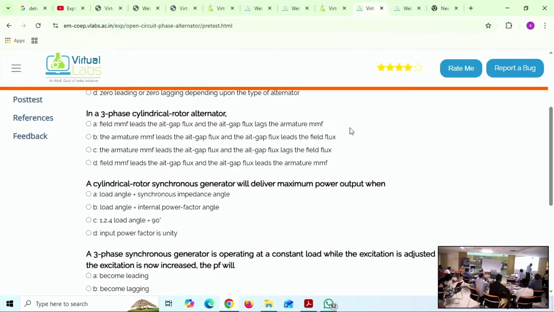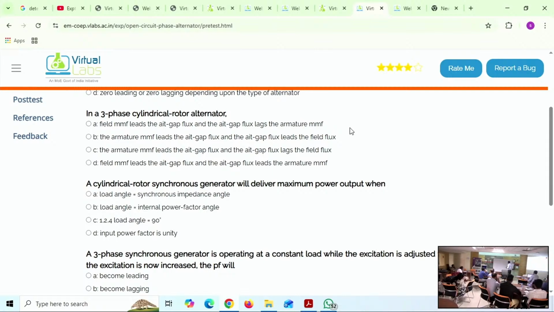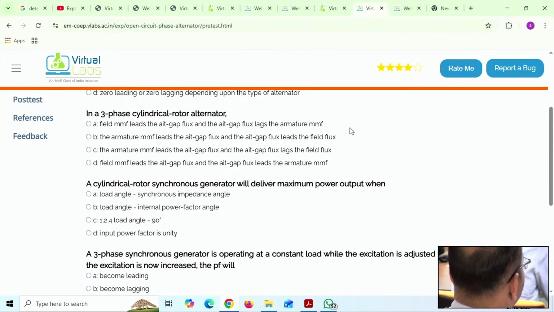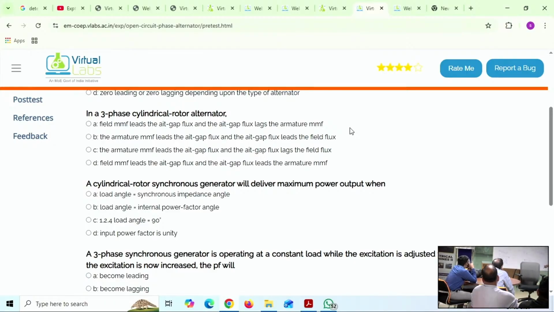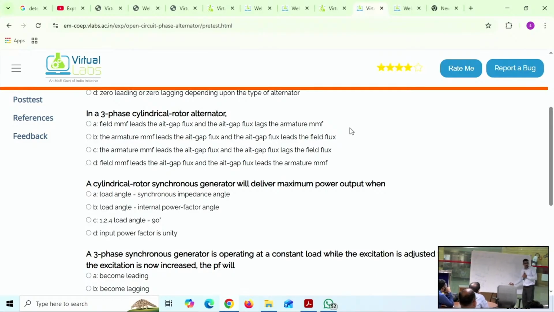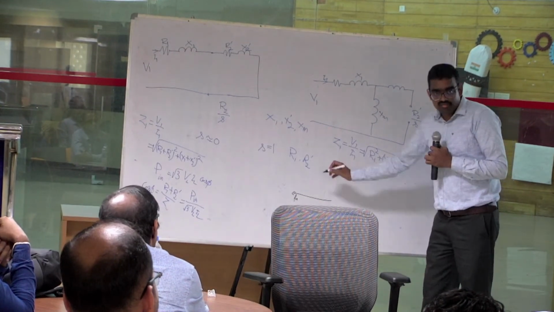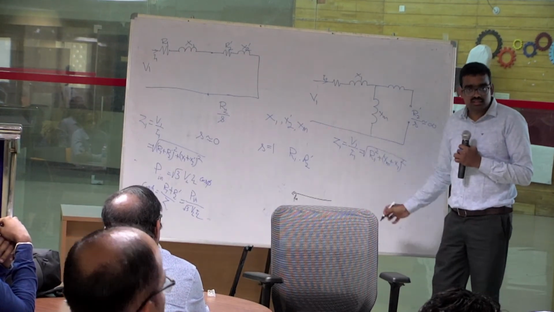Let me draw this. Say this is the main field. Armature MMF, unity power factor, ZPF leading, ZPF lagging, demagnetizing, cross magnetizing, we are discussing, right?